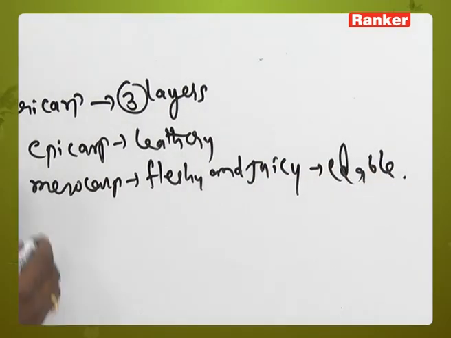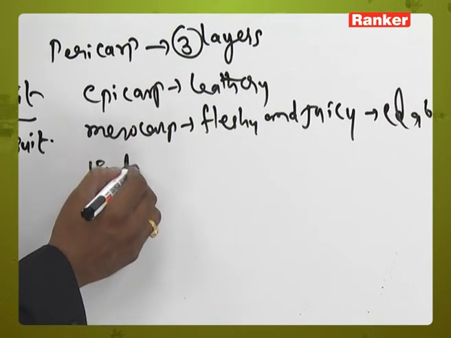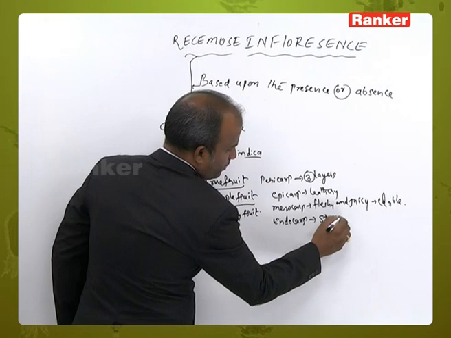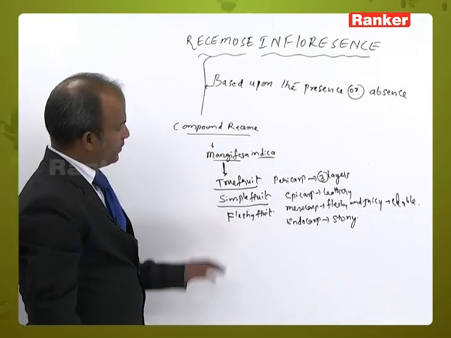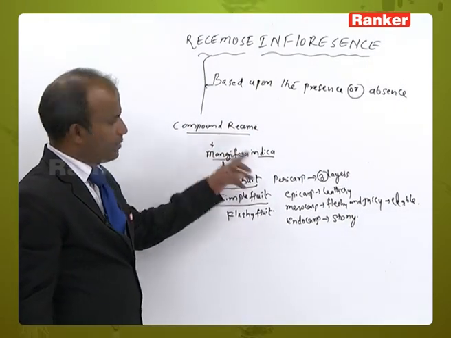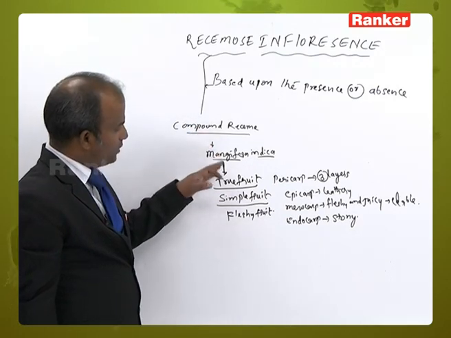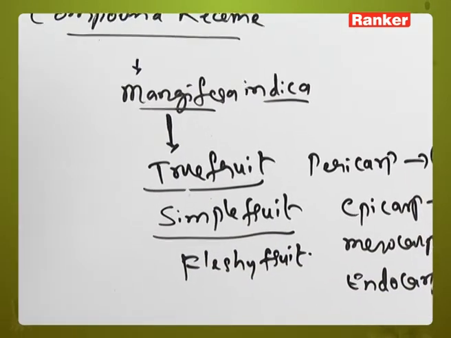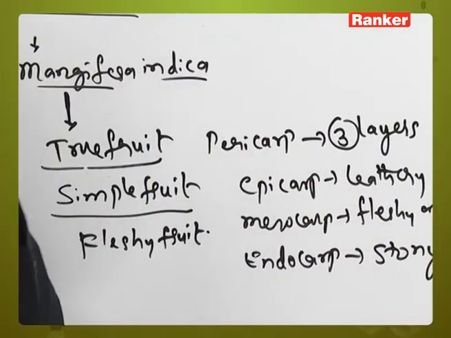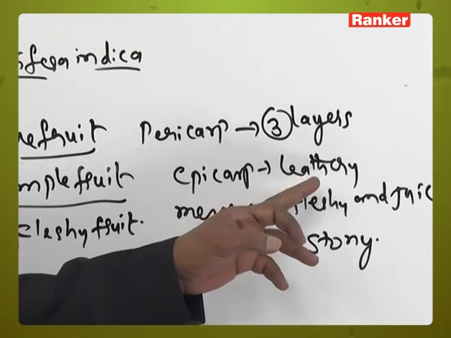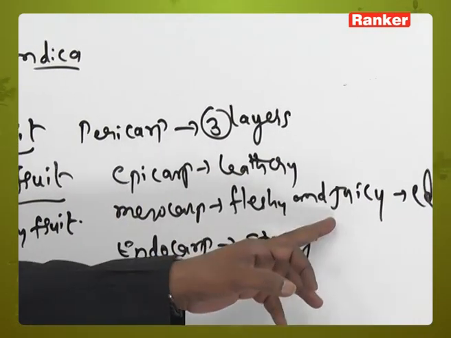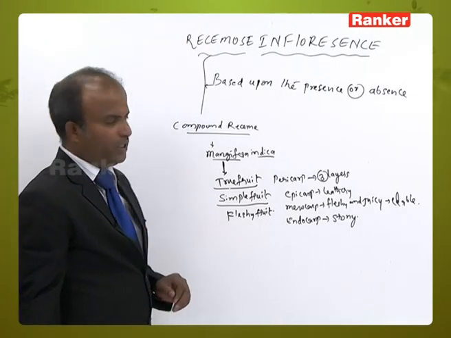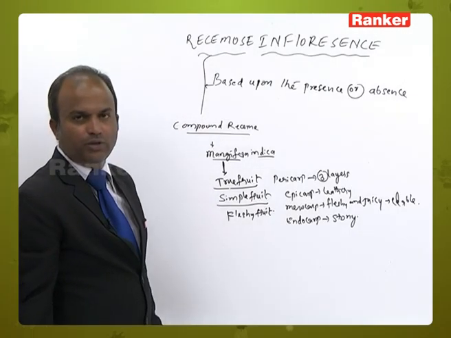Next, the endocarp, which is stony. In the first year syllabus, this is one of the examples for compound raceme, and Mangifera indica also belongs to true fruit, simple fruit, fleshy fruit, where the pericarp is differentiated into 3 layers: epicarp leathery, mesocarp fleshy, juicy and eatable, and endocarp stony. This is about compound raceme.